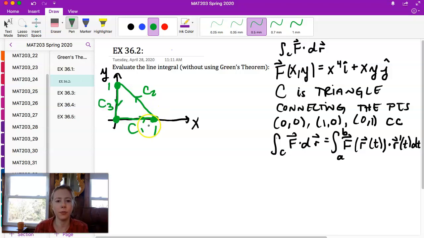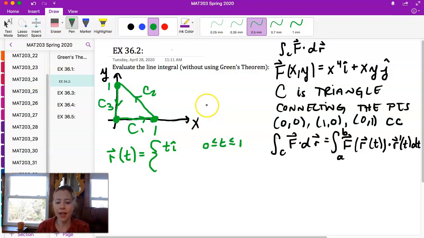So now we need to come up with a series of parameterizations for our position vector, since we are doing this in 3 parts. So we're going to have a piecewise function. So our position vector, r of t, we have to describe it going from (0,0) to (1,0) to (0,1) using some time interval. So to get from (0,0) to (1,0), we could say t i hat, because we're only moving in the x direction, for 0 less than or equal to t less than or equal to 1.